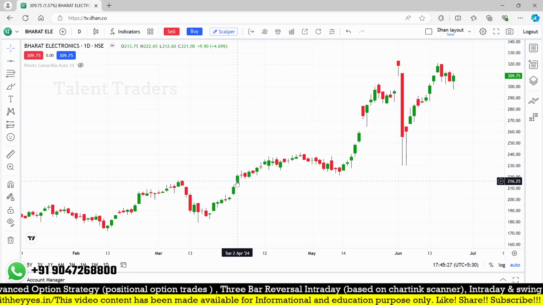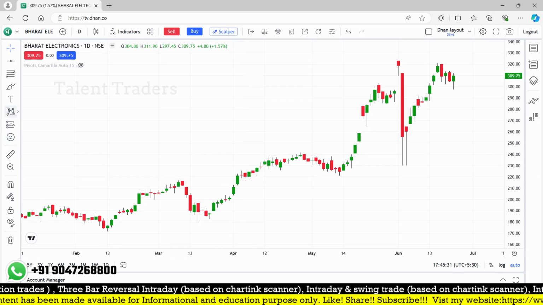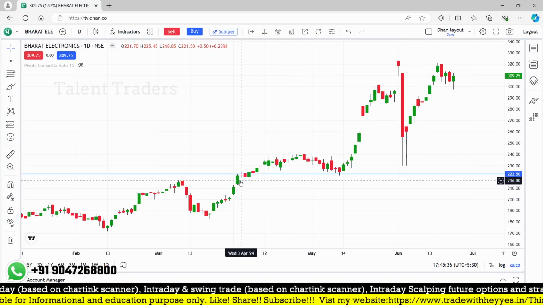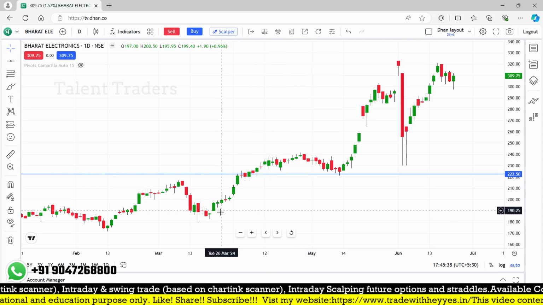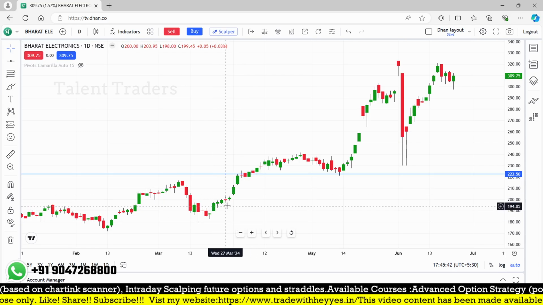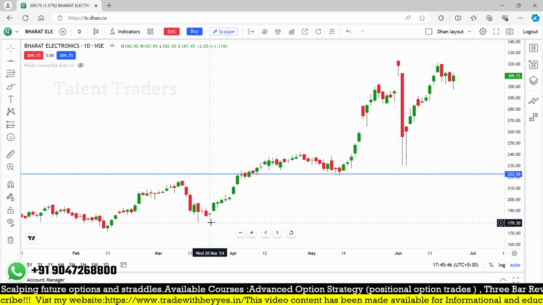The high of this particular candle is 622.65. Immediately the next day, I am waiting for the breakout of that level. This time, the next day it triggers, and the recent swing low is maybe around 179, or you can look at this swing, maybe around 193. It is better to keep the recent swing as a stop loss.